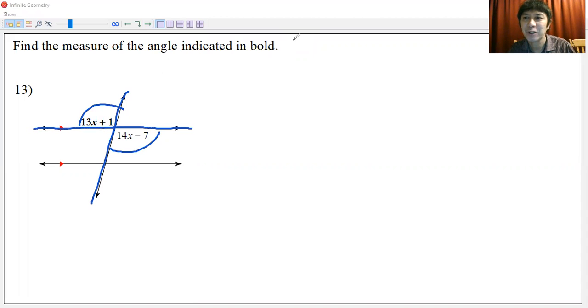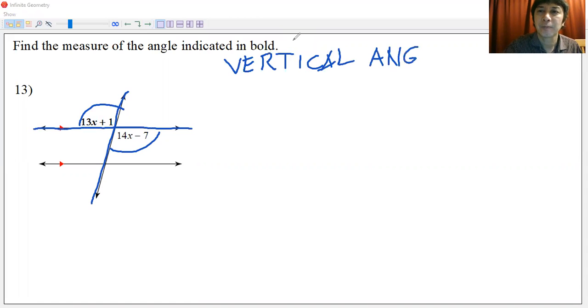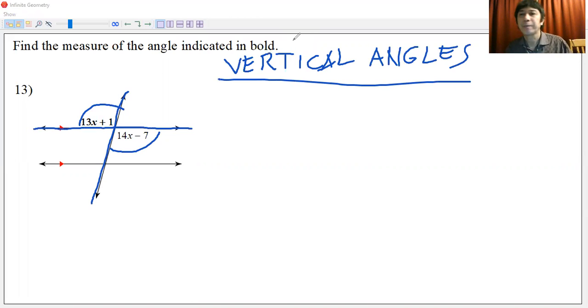So what is the definition of vertical angles? Vertical angles. Okay, what are vertical angles? Okay, two non-adjacent angles formed by two intersecting lines.